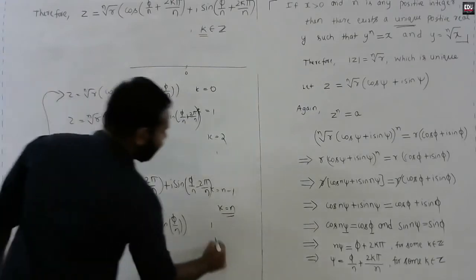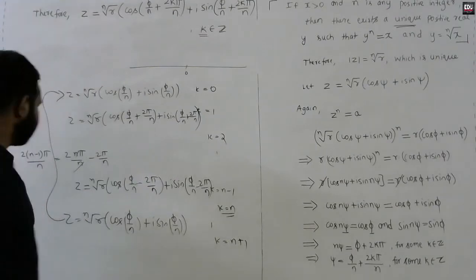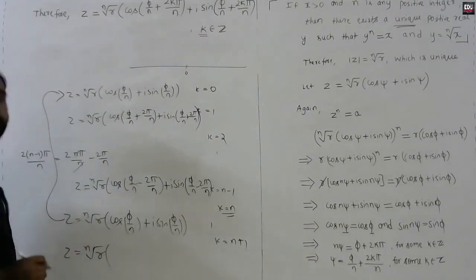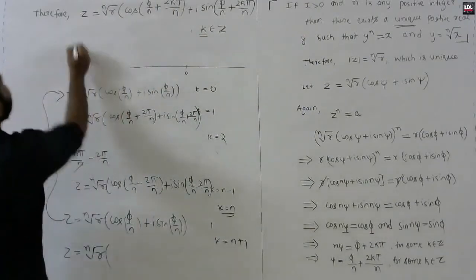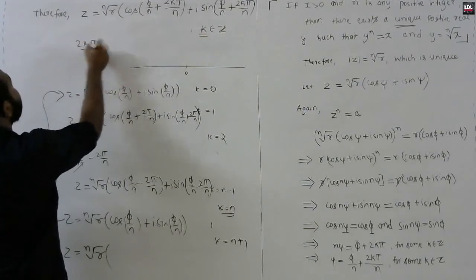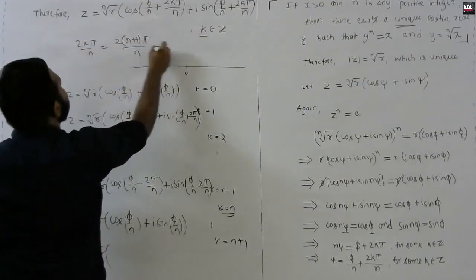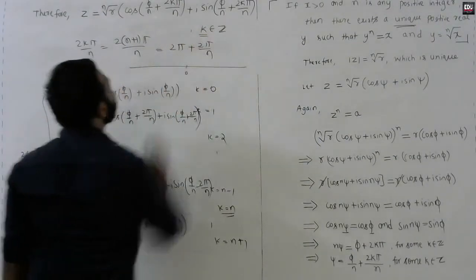Now if I put k equal to n plus 1, then what will I get? Z is equal to nth root of r into cos, where in place of k I have to put n plus 1. So 2k pi by n will be 2 into (n plus 1) pi by n. So it will be 2 pi plus 2 pi by n.